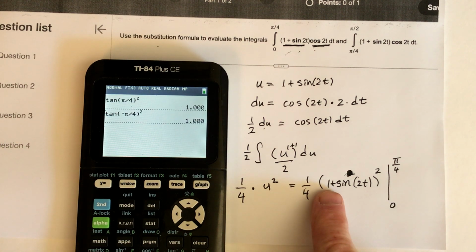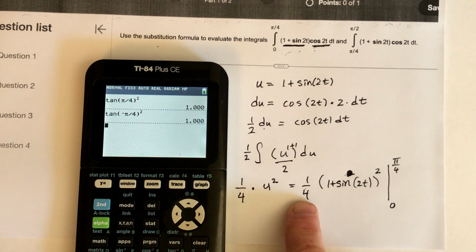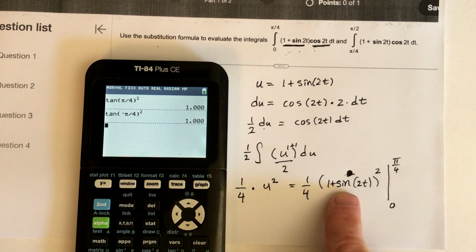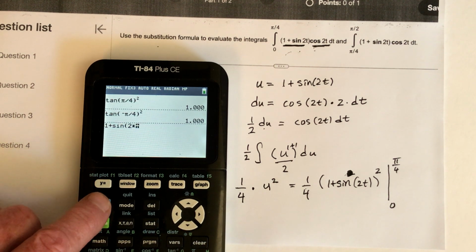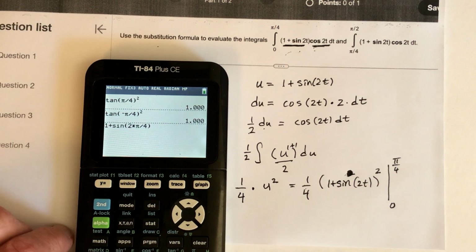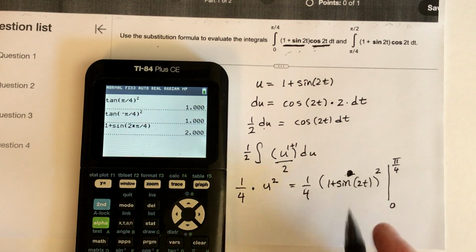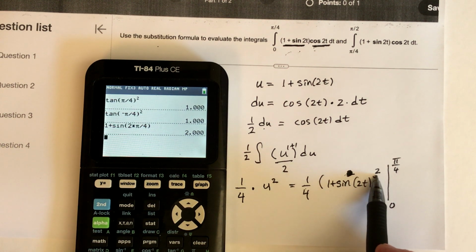So if I just do this part, basically I'm just going to keep this 1/4 factored out. If I just do this part, it's going to be 1 plus sine of 2 times pi over 4. And then whatever that is, I have to square it. So inside here, that is a 2. Square it is a 4.